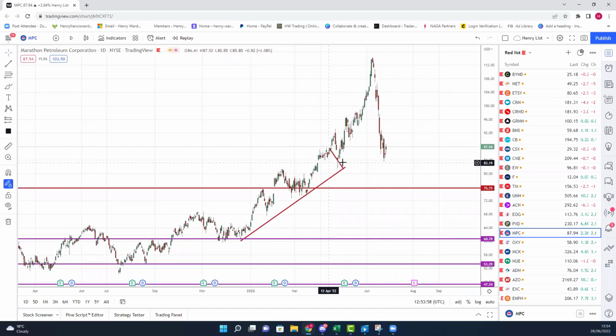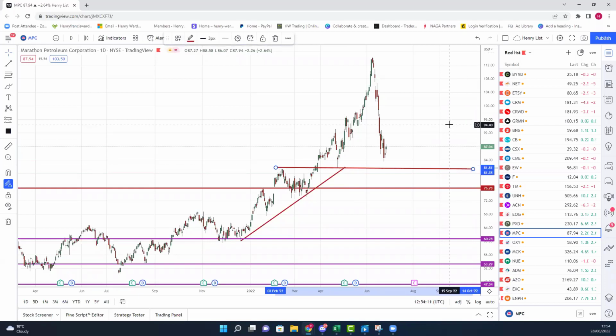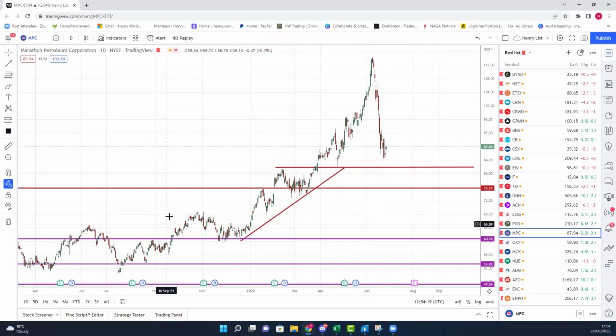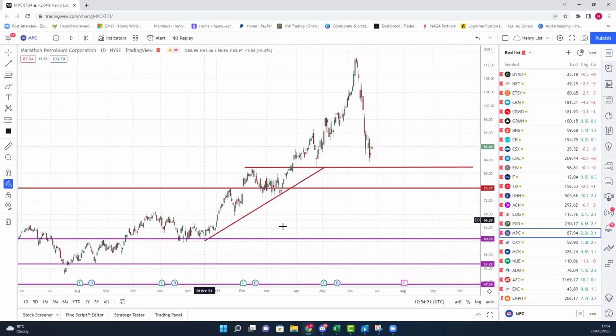So this one has had a pretty decent pullback, and it's almost back at this level here. Now, obviously, I don't know as much about Marathon Petroleum as I do about Occidental Petroleum. But again, is this a good level to be jumping in on?